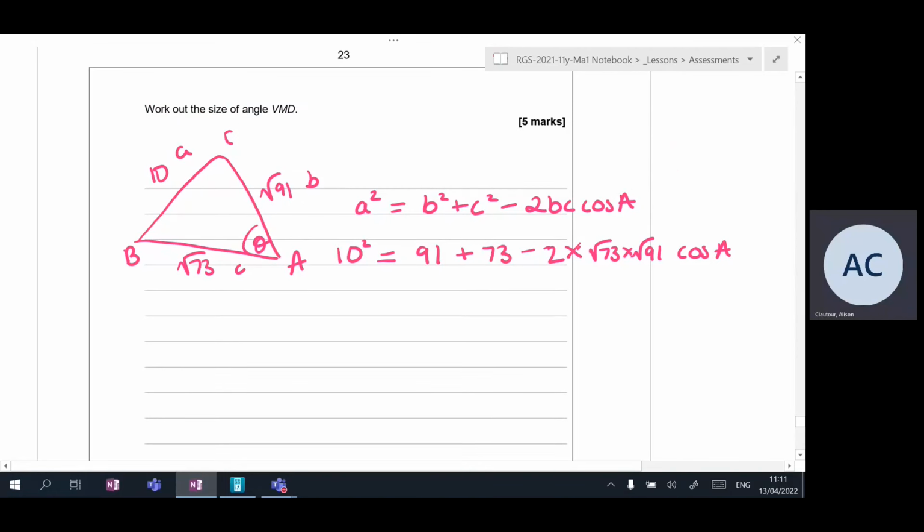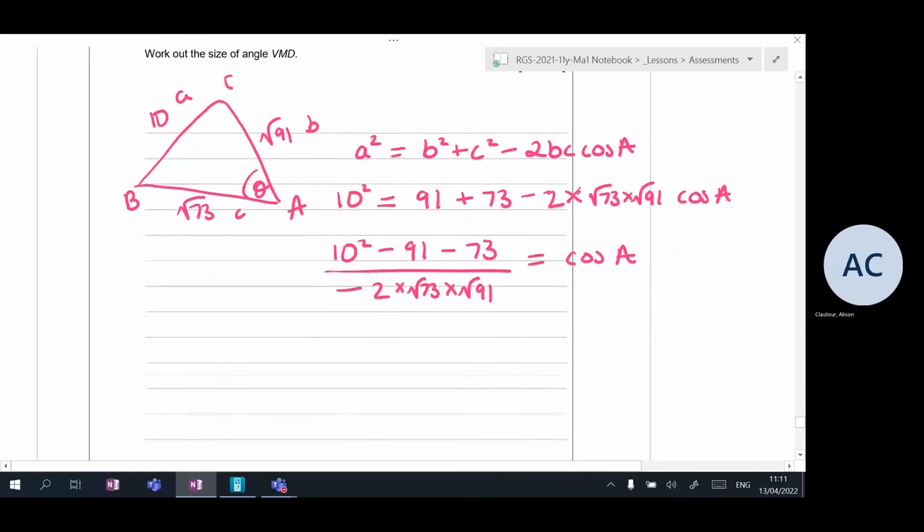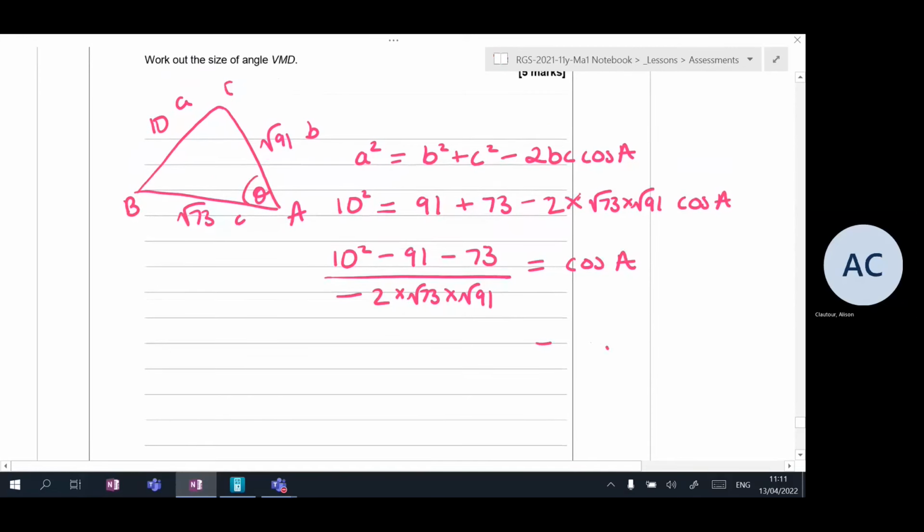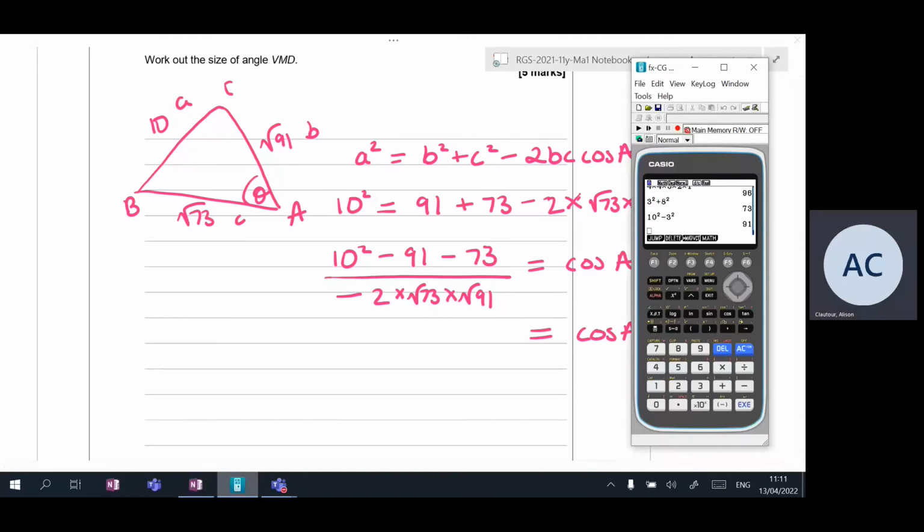Okay, so you can rearrange this. So we're just going to type that in, try that again.